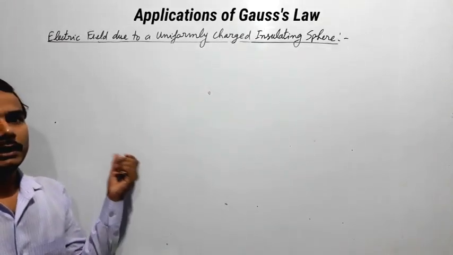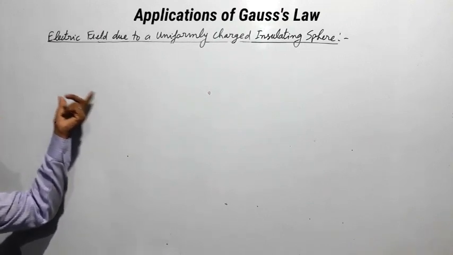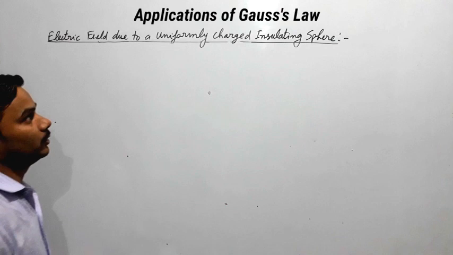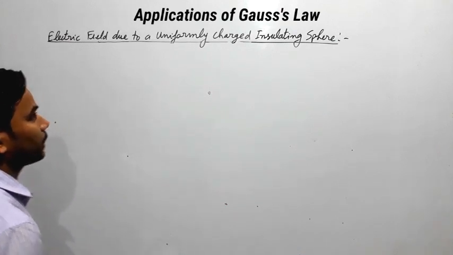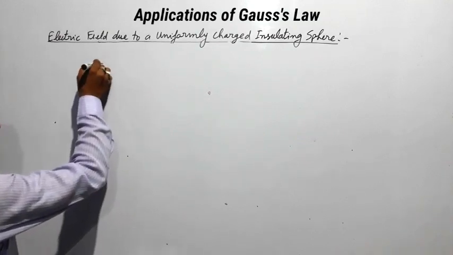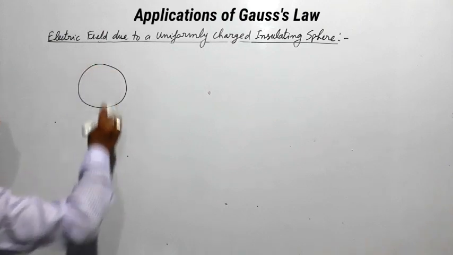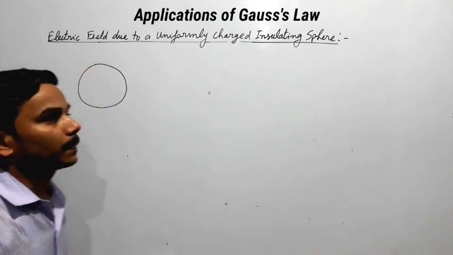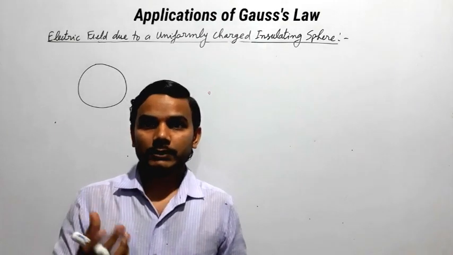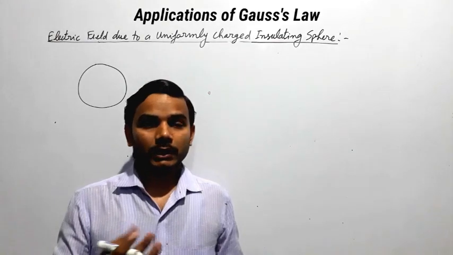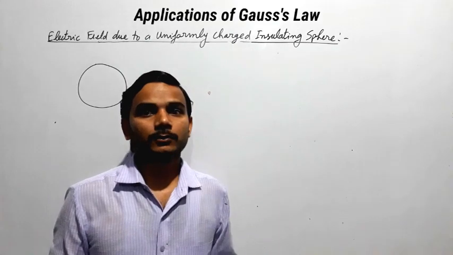Now we are going to discuss the next application of the Gauss law. This is the electric field due to a uniformly charged insulating sphere. Okay. Now we consider an insulating sphere and charge is distributed in the insulating sphere. So for the insulating sphere, charge is distributed over the whole volume of the insulating sphere. But if there is a conductor, then charge will be present only on the outer surface of the sphere.